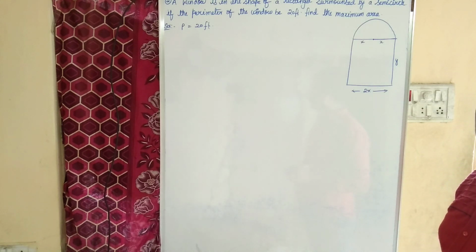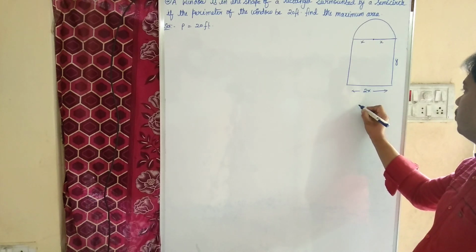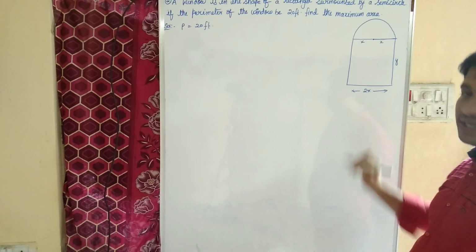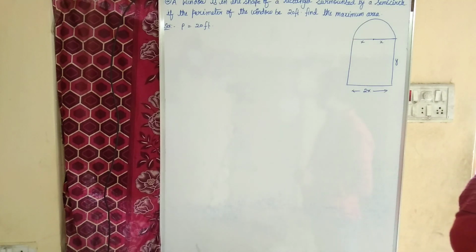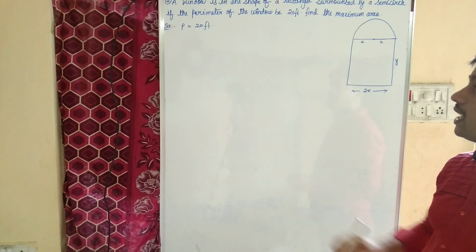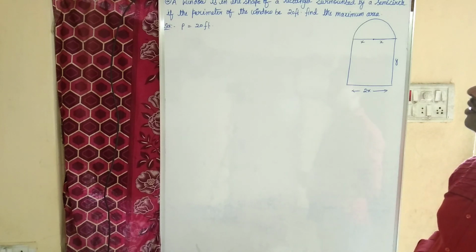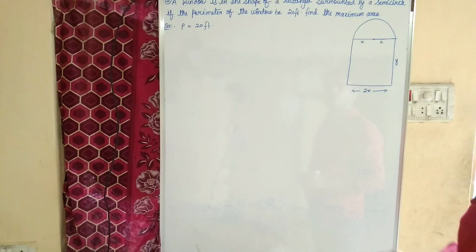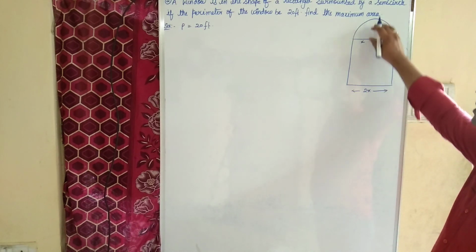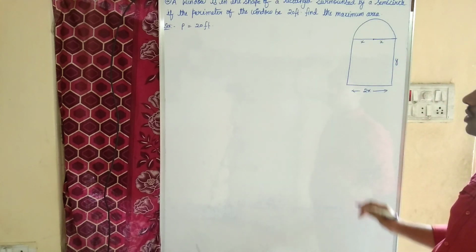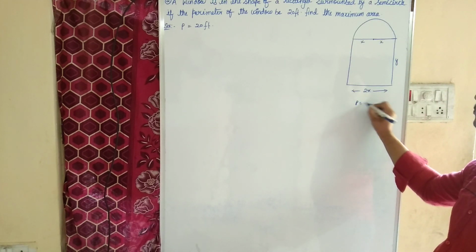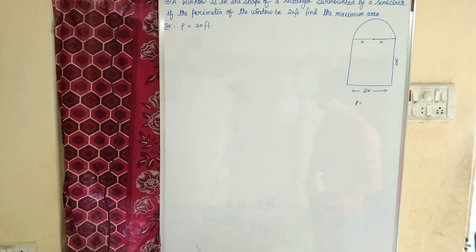Okay children. Coming to circumference, we can also call it perimeter. As it is given, perimeter of the window is 20 feet. The window is in the shape of a rectangle surmounted by a semicircle. So what is the perimeter of a rectangle?